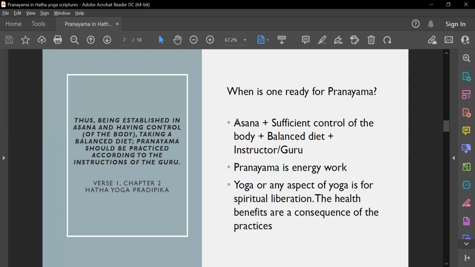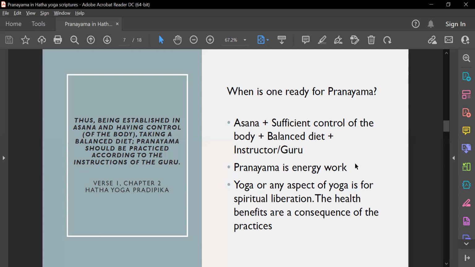There has to be a good balanced diet, the ahara vihara. Most importantly, it has to happen under the guidance of an instructor, a guru or a teacher. Because essentially pranayama is energy work, right? Whenever there is energy work, we need guidance. It's a space that is uncharted. It's not something we have explored before.